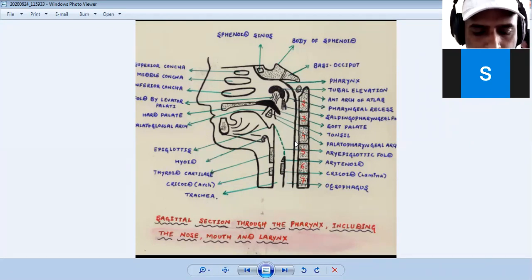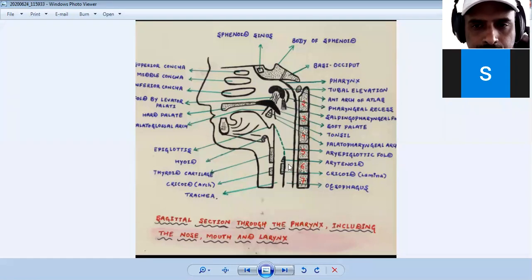So first of all, you have to remember the superior boundary of the total pharynx is bounded by the base of the skull, including the posterior part of this, the body of the sphenoid bone, and the basilar occiput. So we have the base of the skull, the body of the sphenoid bone, and the basilar occiput as the boundaries for the superior boundary of the pharynx.